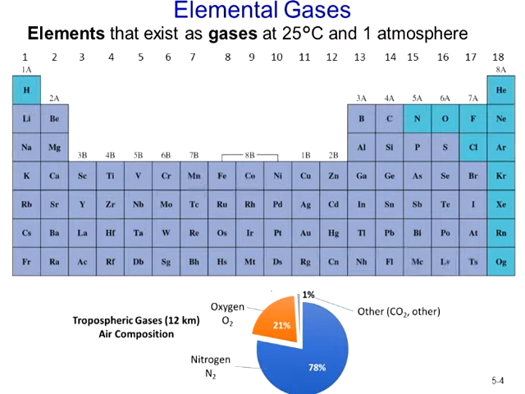That's group 18 or 8A. We also have fluorine and chlorine, both exist as gases. Then we have nitrogen and oxygen, which is part of the composition of air. The major part of the air is nitrogen, and it's the diluent for oxygen.